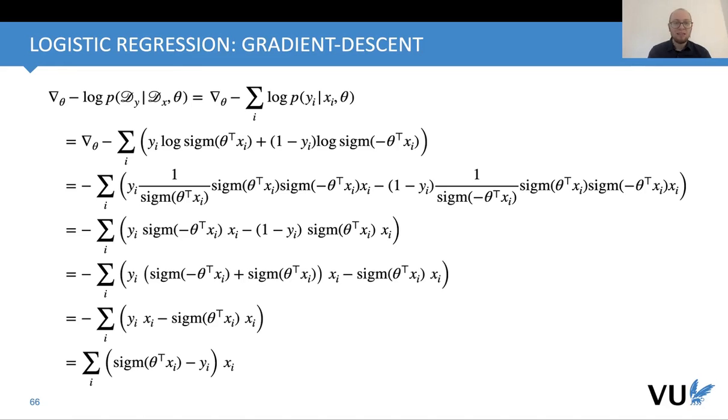The gradient of the negative log likelihood is simply a sum over all observations of the difference between our prediction, the sigmoid, and the label, times x.